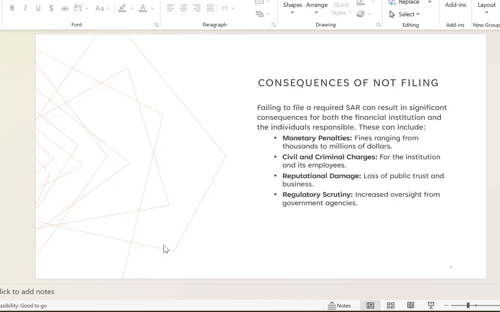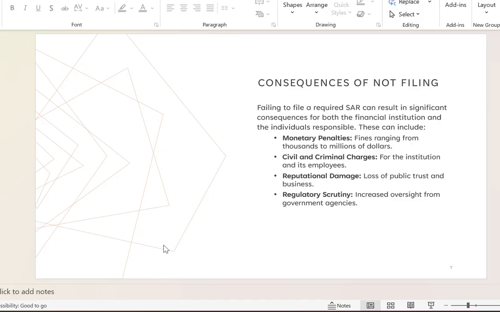The financial intelligence unit or the regulator can impose heavy fines, running into thousands and millions, on that financial institution, and civil and criminal charges can be brought against the institution and the employee who did not do the filing.